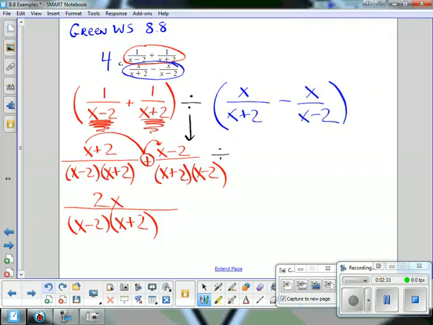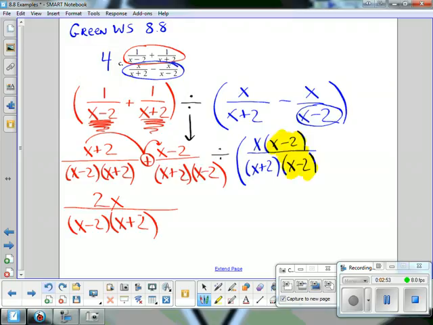Let's clean up what's in blue. Again, we have this denominator on the right that we're going to share with the denominator on the left. So we need an x minus 2 on top and an x plus 2, x minus 2 on the bottom. This is basically a fancy form of the number 1 that we multiplied by. So we're not changing the value of that fraction, we're just changing how it looks.